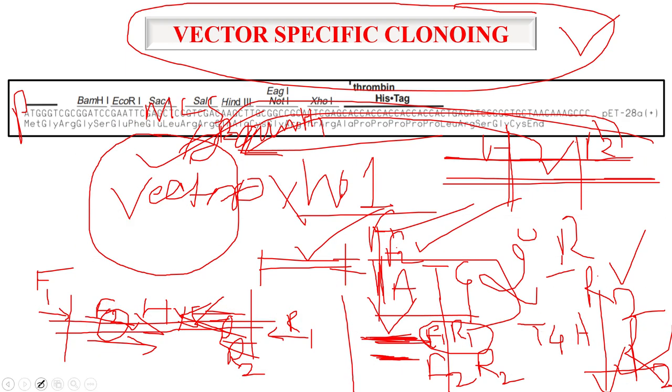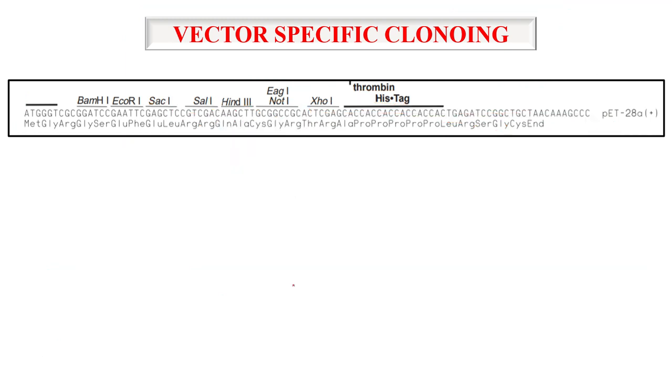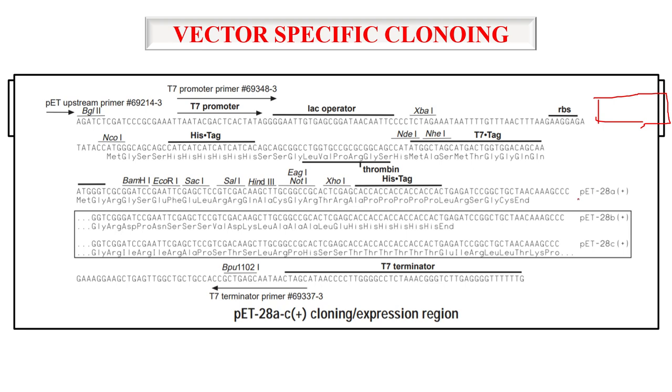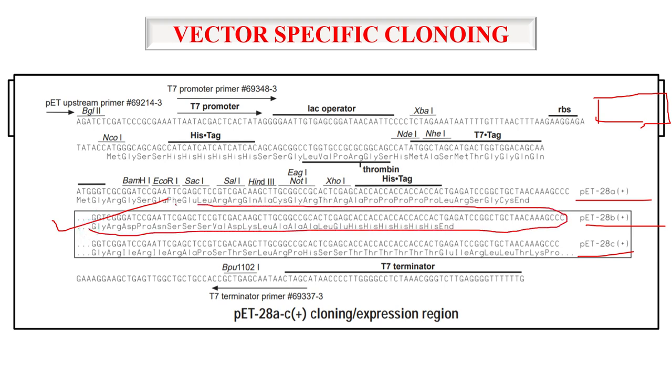So now, very important thing to discuss, guys. You know, pET का जो series है, pET have 3 versions, pET A, B and C. And pET B is used in most of the labs. No, this is my own personal experience, because I have done my experiment with pET 28B.